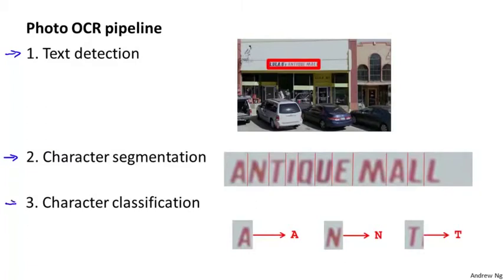Then the final step of the pipeline is the character classification step, which you might already be much more familiar with from the earlier videos on supervised learning, where you can apply a standard supervised learning algorithm, again maybe a neural network, maybe something else, to take as input an image like that and classify which of the 26 characters A to Z, or maybe which of 36 characters if you have the numerical digits as well. It's a multi-class classification problem where you take as input an image containing a character and decide what character appears in that image.